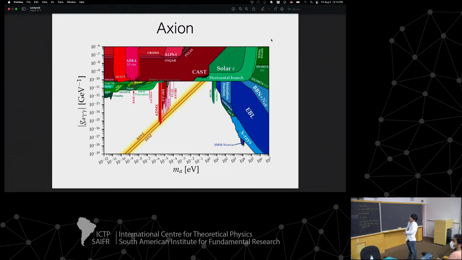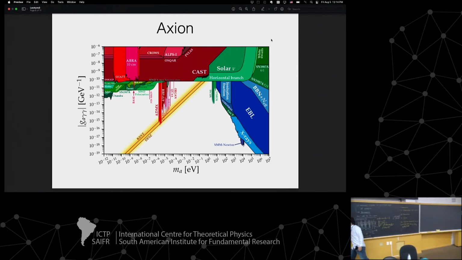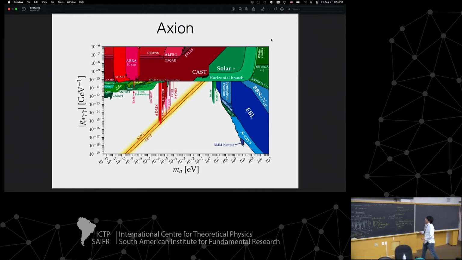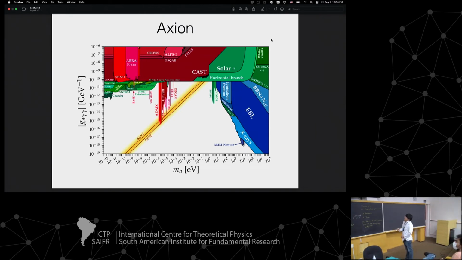In general it has a band, which is what this yellow band is. So the goal of all of these cavity experiments, which are different versions of the very simple setup I was telling you about, is to cover this range, the most well-motivated mass range for a QCD axion to be dark matter.